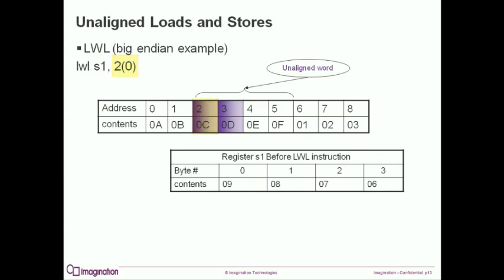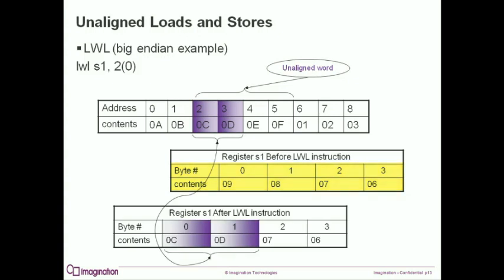To make it clear about what is happening before the load starts, S1 contains hex 9, 8, 7, and 6. After the load word left, you can see that bytes 0 and 1 now contain C and D, which is the value in the most significant bytes of the unaligned address.